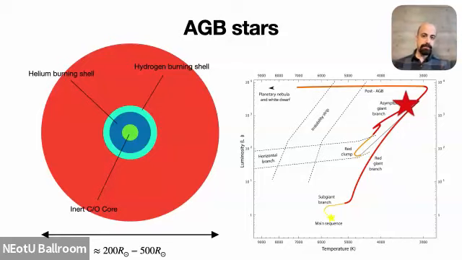In this phase, the star undergoes intense pulsations, which drive changes in the star's temperature and luminosity. These pulsations can cause the star to vary in brightness over timescales of approximately 1 year. The internal structure of these AGB stars is very complex.